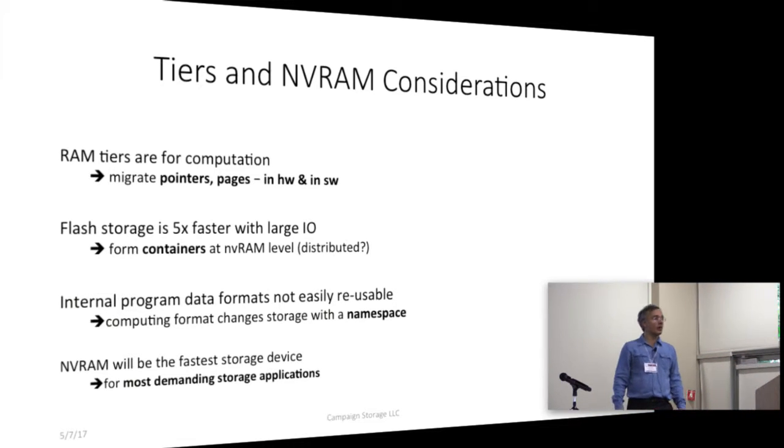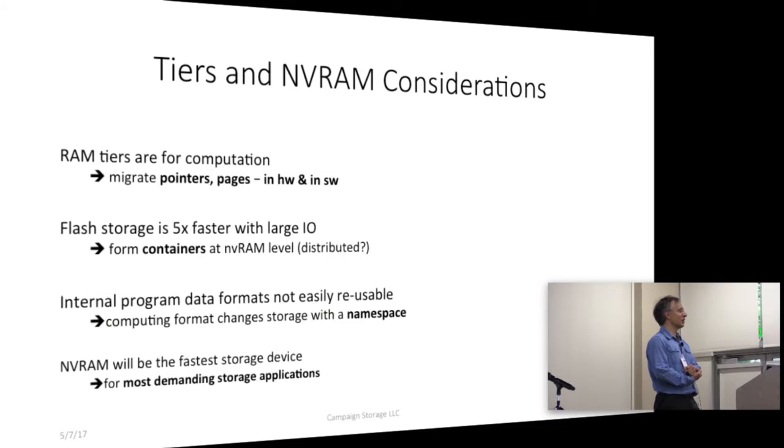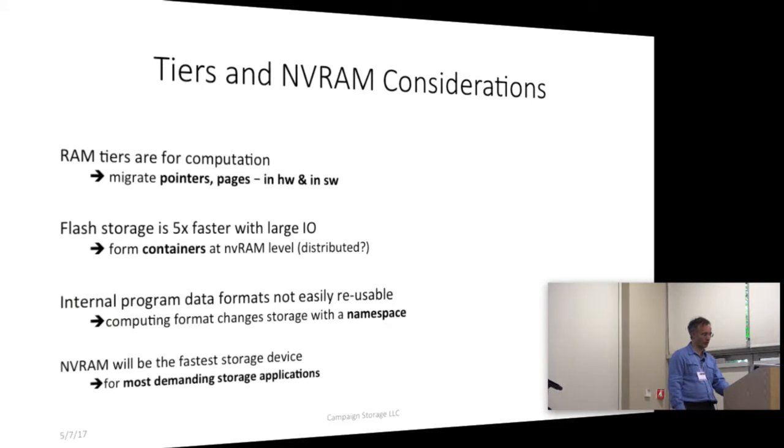I think that NVRAM is clearly becoming very, very important. But personally, I haven't been able to think of any good application for NVRAM except as being there for the fastest storage applications. It will be much faster than anything else, particularly than flash. But there is no magic like computing in NVRAM or stuff like that. I don't really know what that would exactly mean or what the benefit of the non-volatility would be.